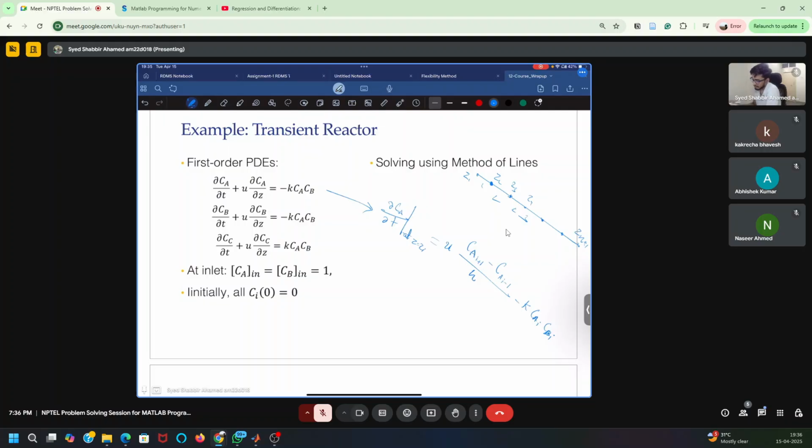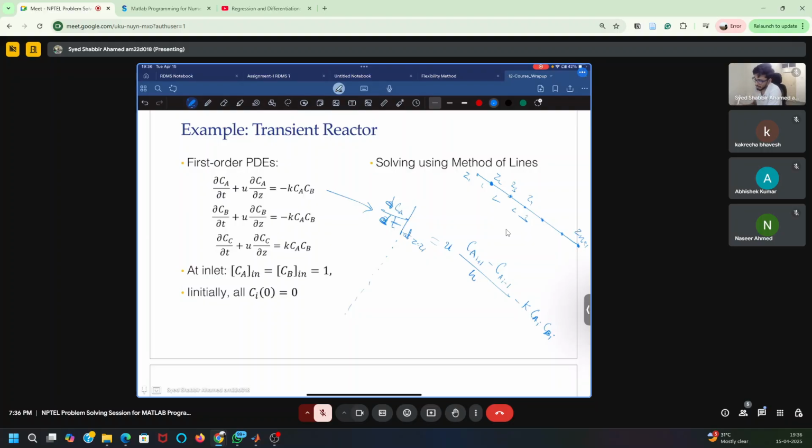We'll write it till the end. So we'll do it, and then we will have Z2 up to Z(n+1), so we'll have n ordinary differential equations, initial value problems.